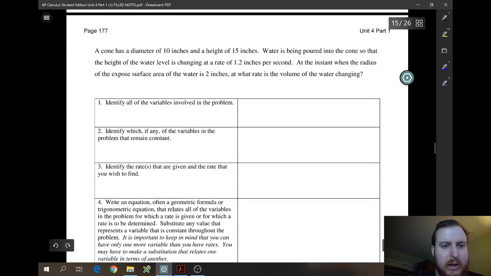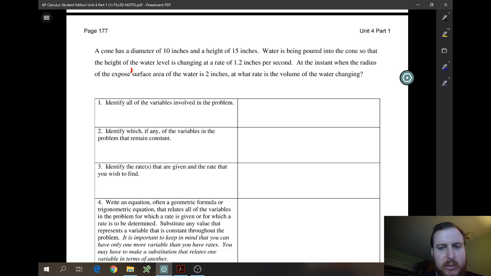So next one, a cone has a diameter of 10 inches and a height of 15 inches. Water is being poured into the cone so that the height of the water level is changing at a rate of 1.2 inches per second at the instant when the radius of the exposed surface area of the water is 2 inches. At what rate is the volume of water changing?